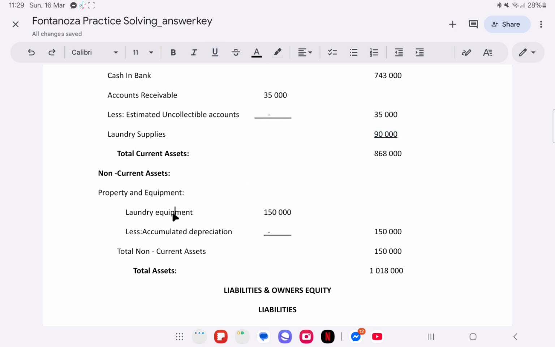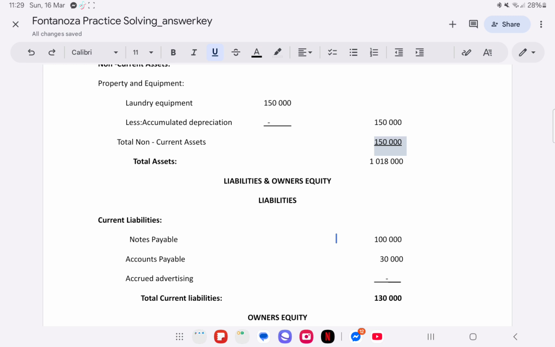In non-current assets, laundry equipment 150,000. We remember that it is 150,000 in the trial balance. No data for accumulated depreciation yet, so just copy 150,000. So total non-current assets is 150,000, and the total assets is 1,018,000.